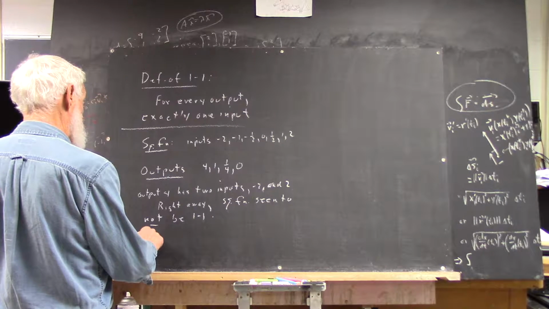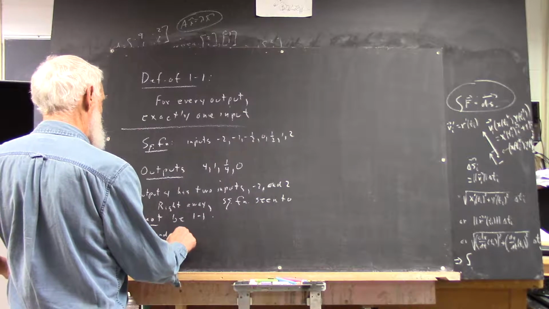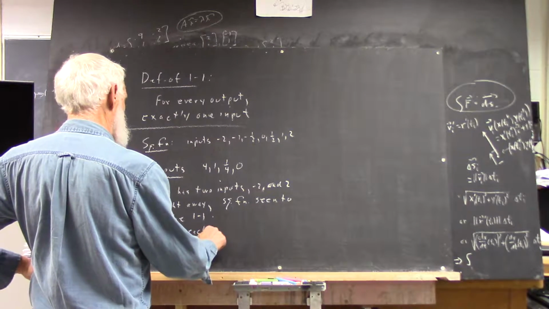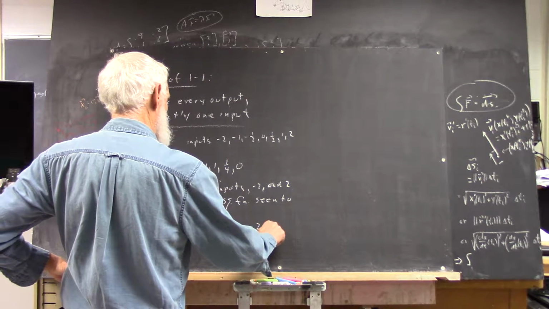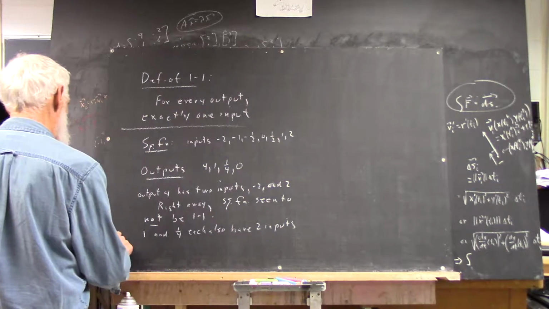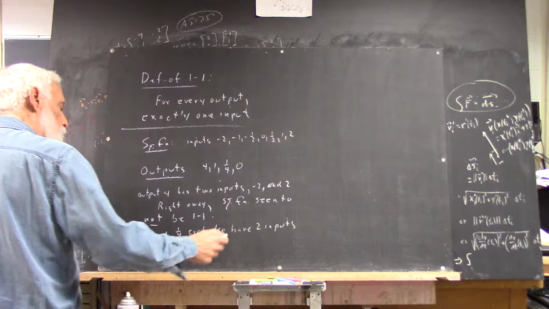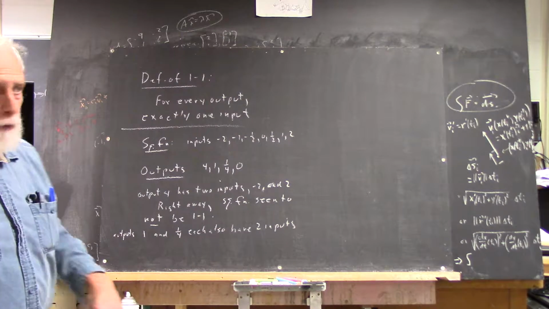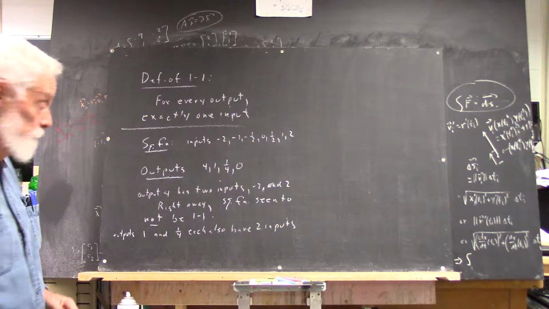So, outputs 1 and 1/4 each also have 2 inputs, and I know you can tell me what they are. Okay?